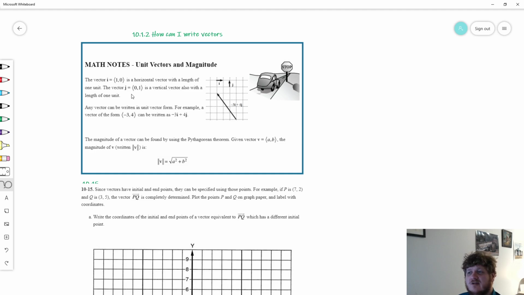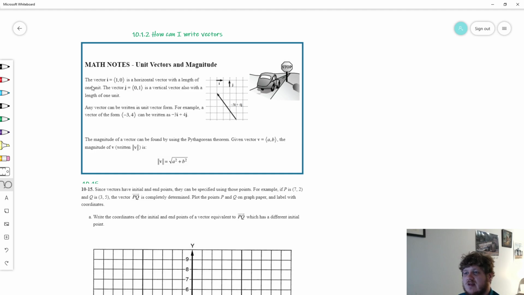Right now we're working in two space, the xy plane, so we have two unit vectors: one that acts in the x direction, which is going to be our i vector, and one that acts in the y direction, which we're going to call the j vector. This is common terminology.